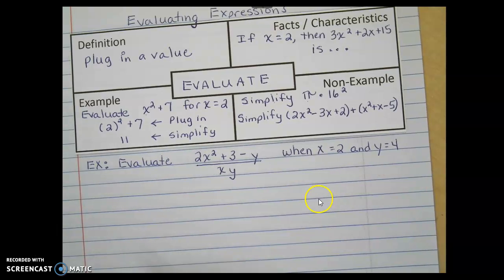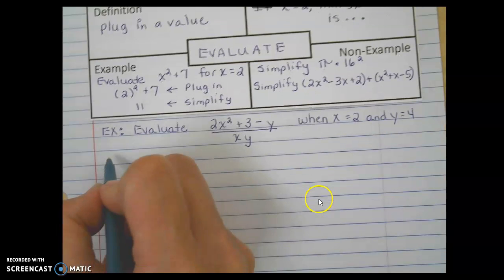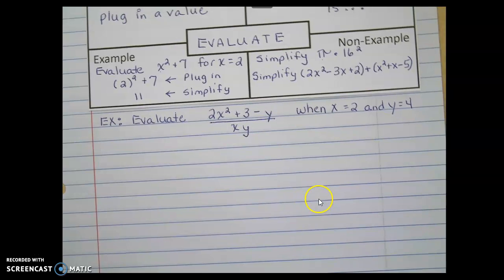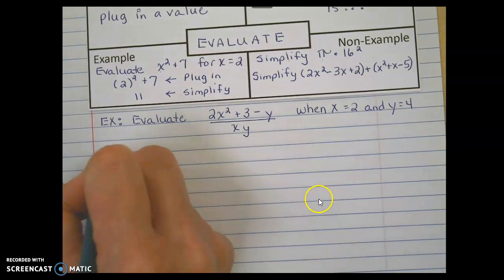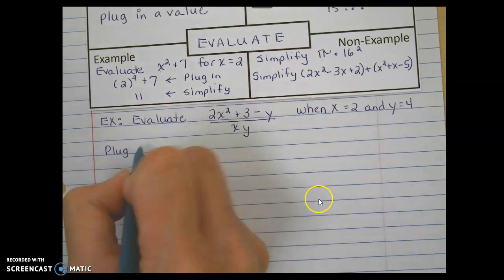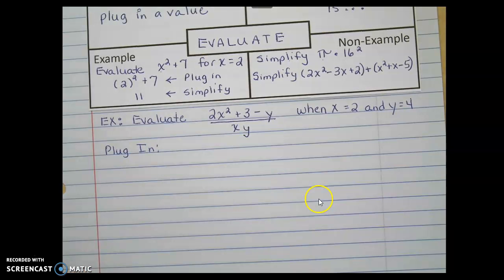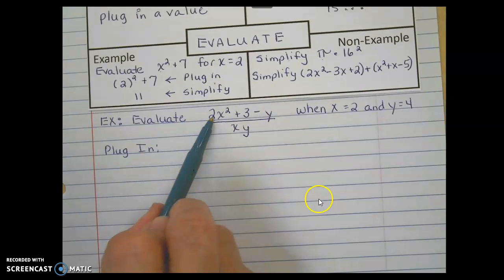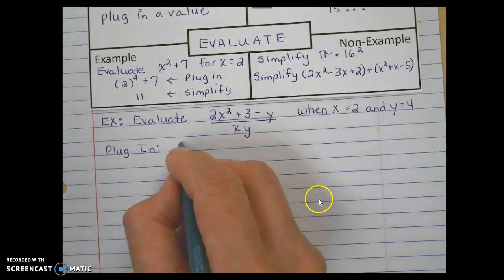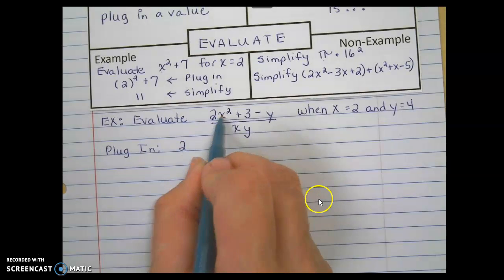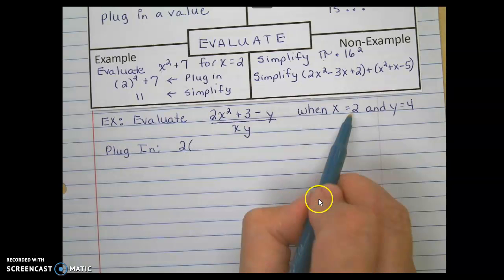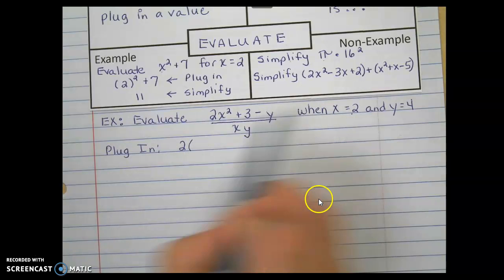So the first step we're going to do, we're going to plug them in. Now, I use parentheses where I'm plugging in my values. So I start with the coefficient of 2, and now I'm plugging in for x. I'm plugging in x equals 2.